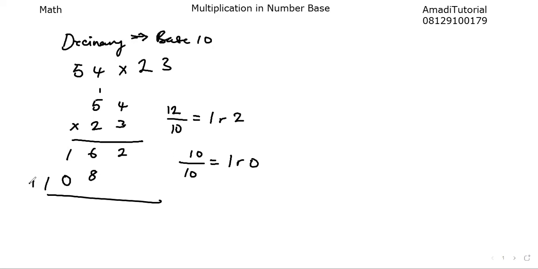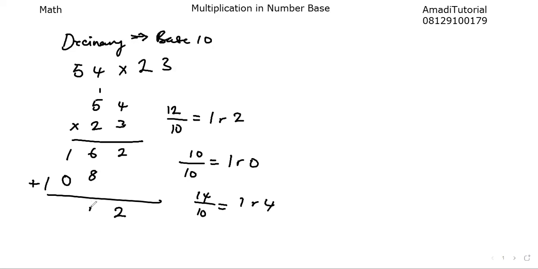Then you add everything. 2 here plus nothing here will be 2. 6 plus 8 is 14. So you write 4 and carry 1, because when you do 14 divided by 10, which is the base, that will be 1 remainder 4.